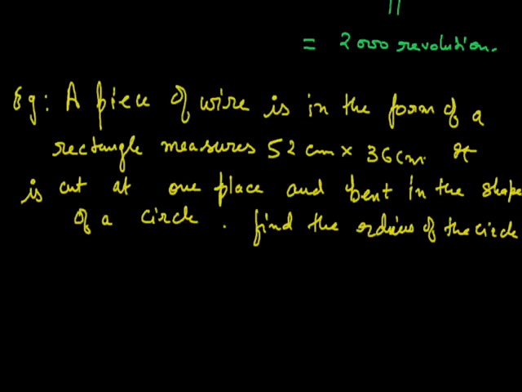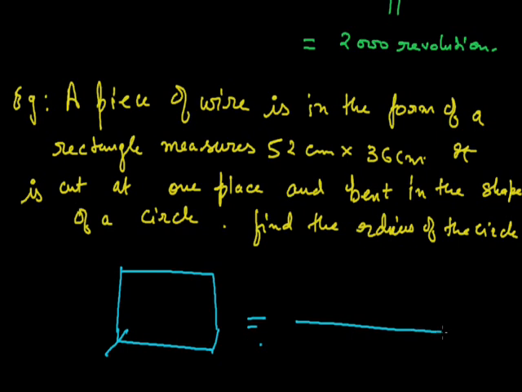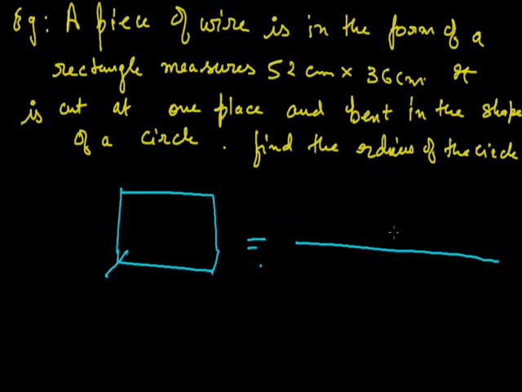In this question we have to understand that when the rectangle is cut from one side, that is, if I cut it from here and open it, it will be converted into a wire of length equal to its perimeter, and again I have to use this wire to make a circle.